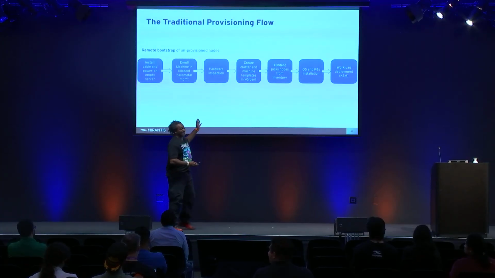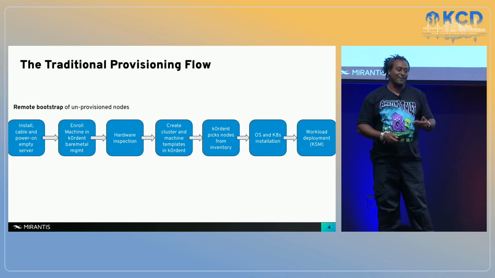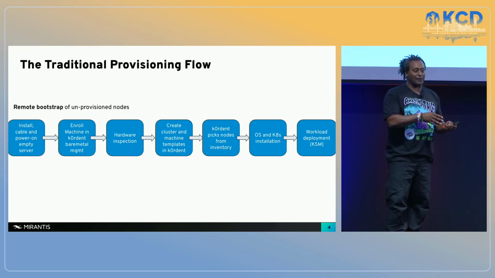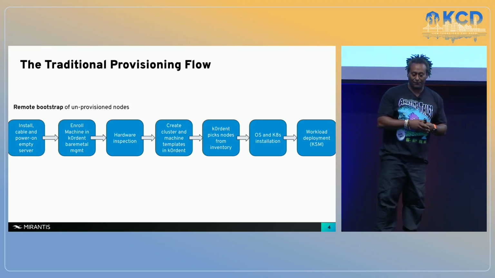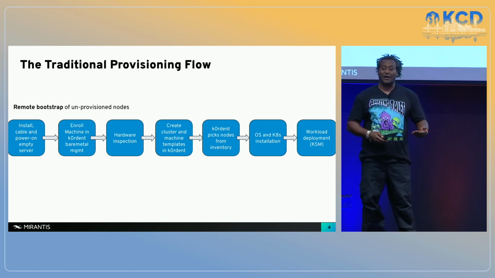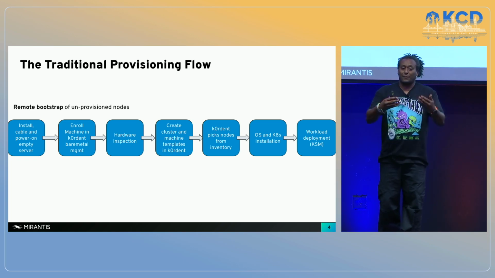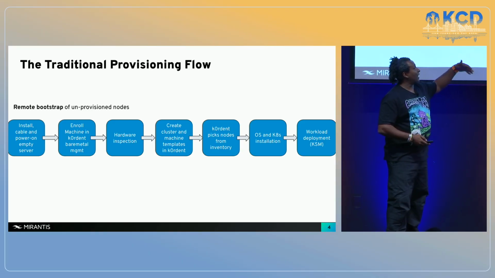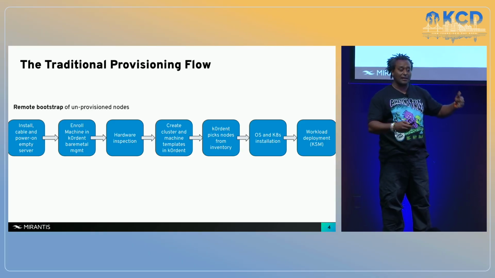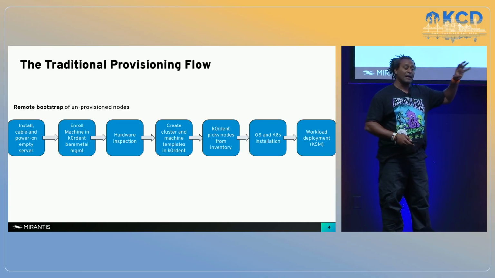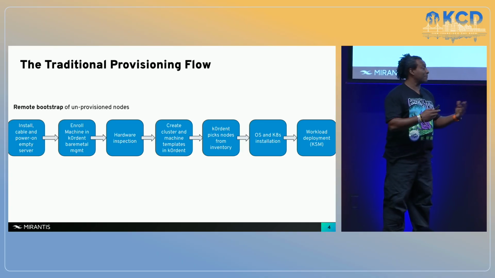So the hardware inspection is normally achieved through the bare metal operator inside of Metal Cube. It inspects the features and capabilities of the hardware, and then it prepares the machine and enrolls it. Then eventually we create cluster machine templates inside our Metal Cube.